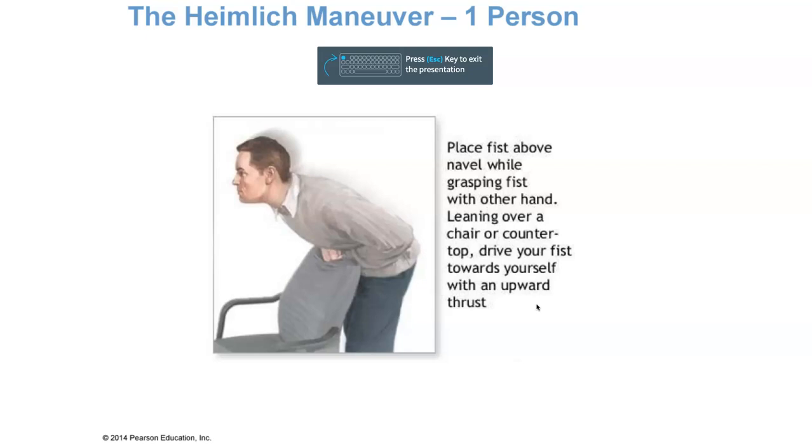It could be a chair, it could be a desk, it could be an end table, something where you can lean over and force that object into your abdominal area up and in. So you have something that you can basically throw yourself on or use in order to make that Heimlich maneuver motion. Hopefully, that could happen and help dislodge that object.